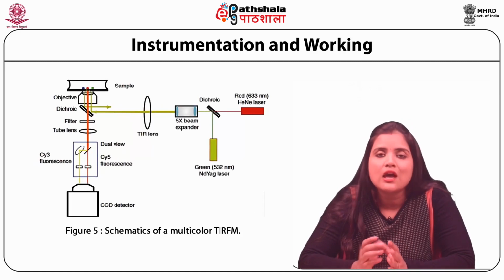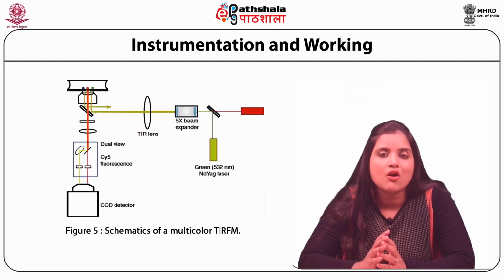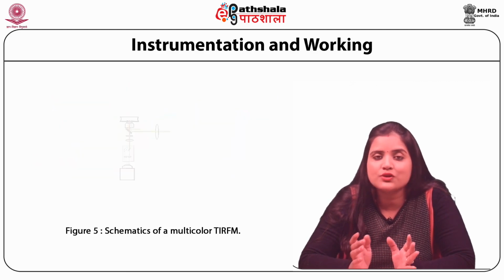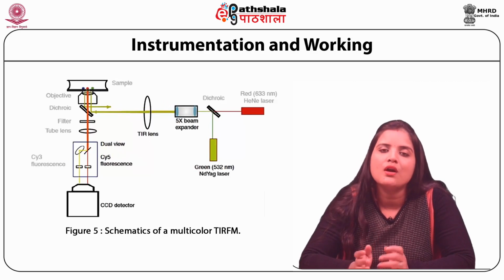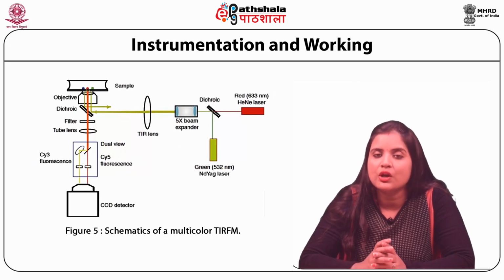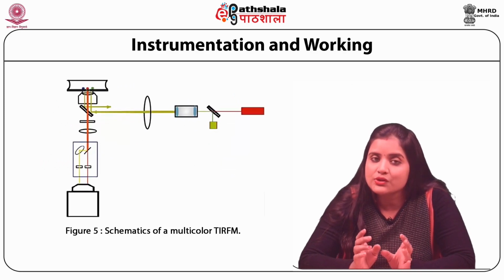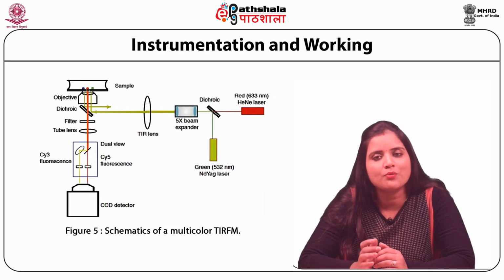This technique can be employed for studying the mechanisms of binding, dissociation, as well as diffusion, that is, fluorescence recovery after photobleaching, which is abbreviated as FRAP, associated with intracellular dynamics of macromolecules.